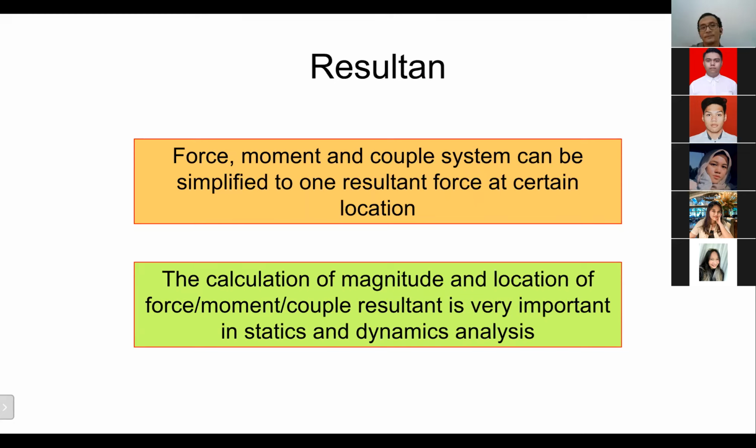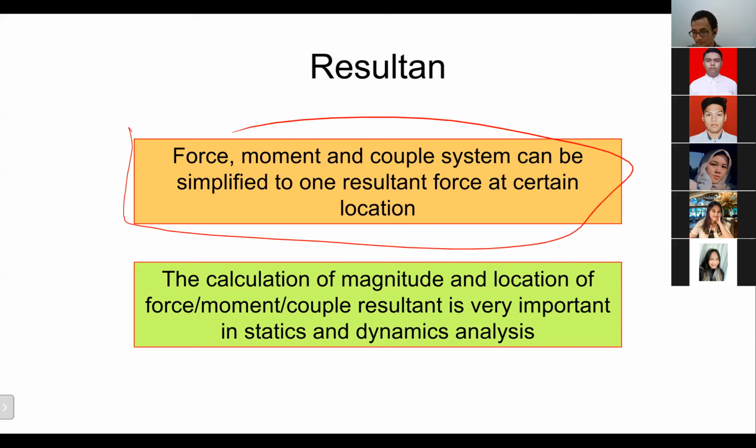Why is resultant important? Because sometimes we have to deal with more than one force and more than one moment in one system. And luckily for us, a force-moment-couple system can be simplified to one resultant force at an obtained location. So we can simplify it, but we have to add those together one by one in order to simplify. Don't worry about that. I will explain a little bit after this.